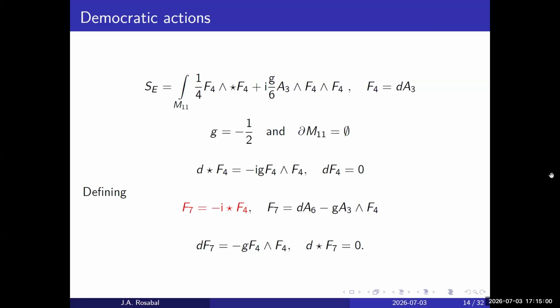We will see what happened in the quantum version. But you see that this condition is similar to the condition of the chiral theory. Now we have an action, we have a chiral condition, and we want to compute the partition function of this new action.